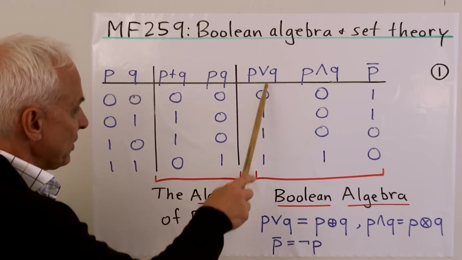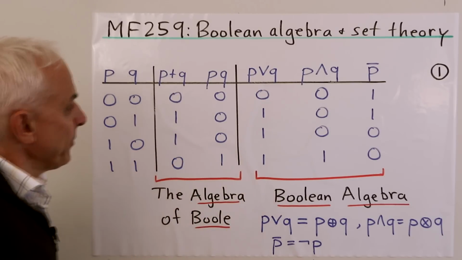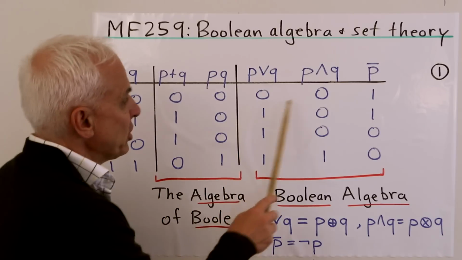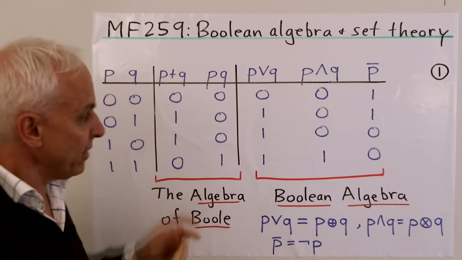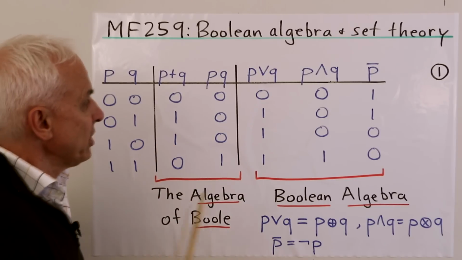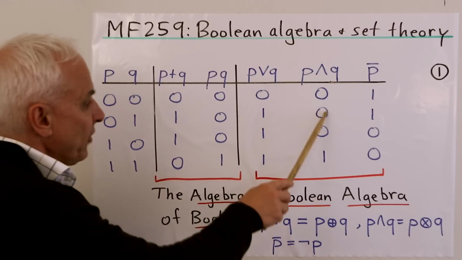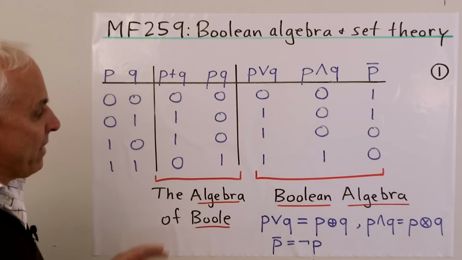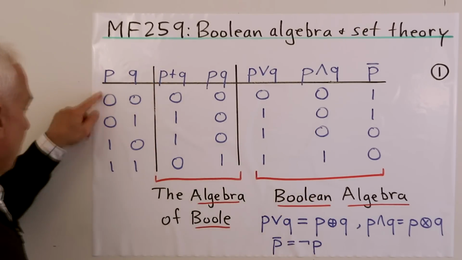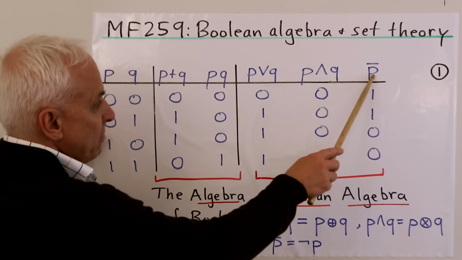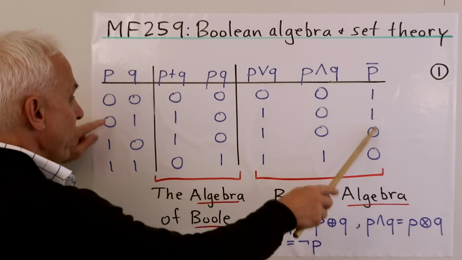So notably the difference between the OR and the exclusive OR is just in this position right here. The other operation we could call AND, which is really the same as the multiplication in the Boole algebra situation. So I've got a wedge going this way. 0, 0, 0, 1 are the values. And then there's another operation of negation. Okay, so if we just look at the P values here, we negate P, or sometimes called not P, then we get 1, 1, 0, 0.